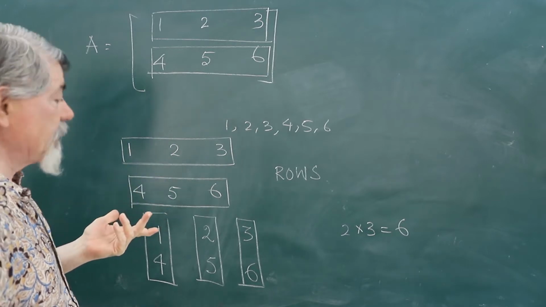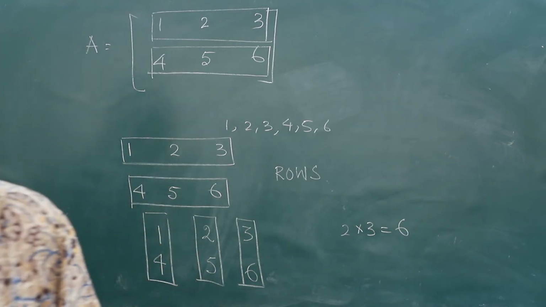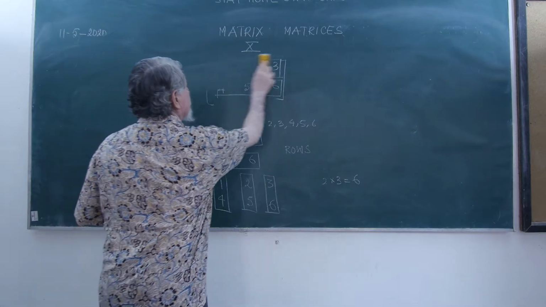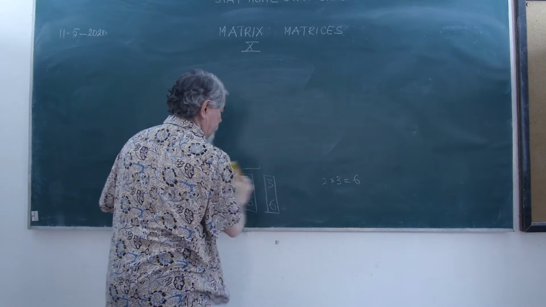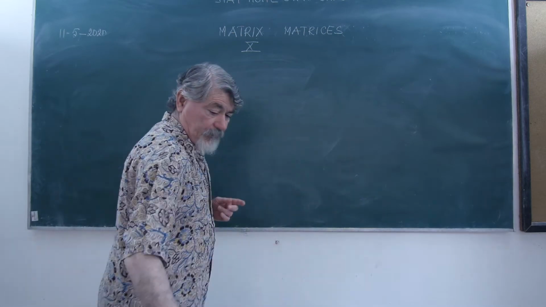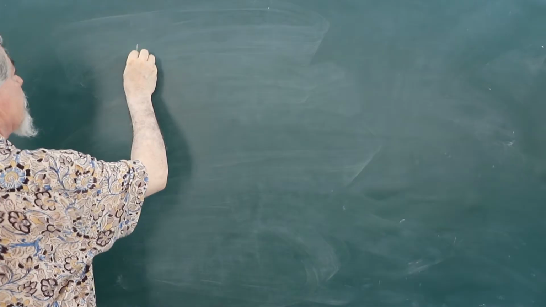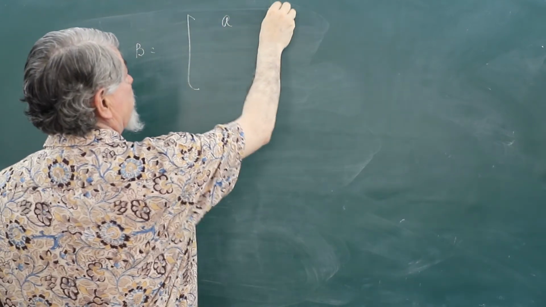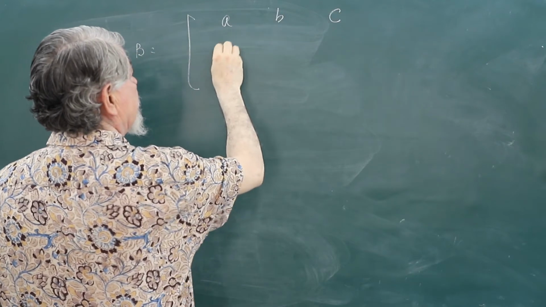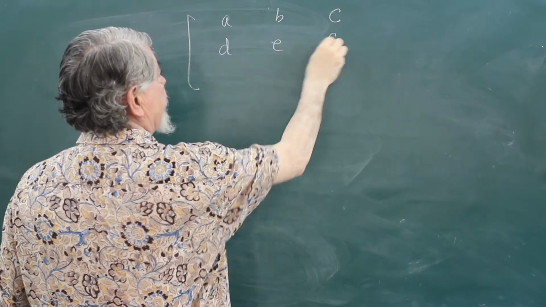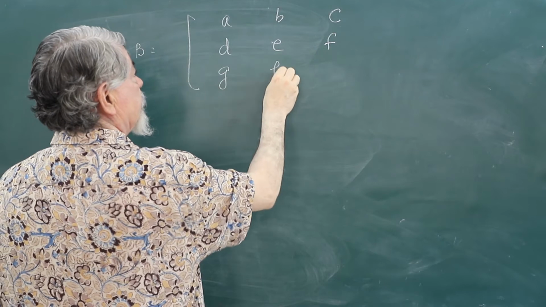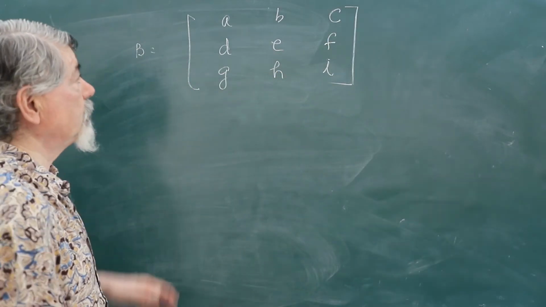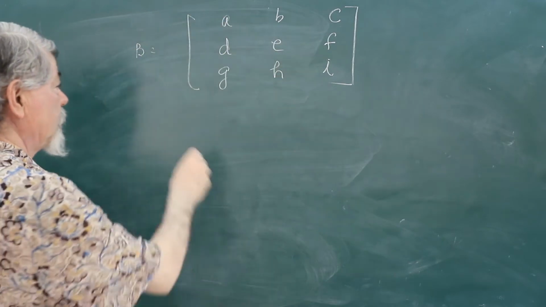Now let me give you another example of a matrix in a different form. A matrix is generally represented by capital letters. For example, if I give you A, B, C, D, E, F, G, H, I. Again I will indicate the rows.